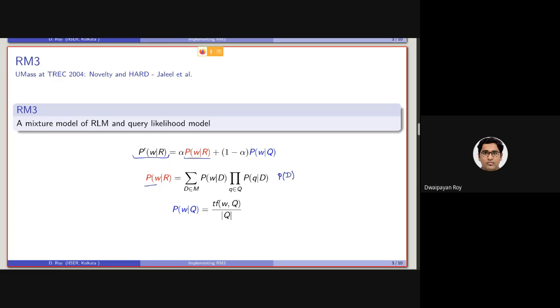These are considered uniform for all documents, so it is ignored. And P(W given Q) is just the MLE of the word in the query, so it is the term frequency of the word in the query divided by the length of the query.